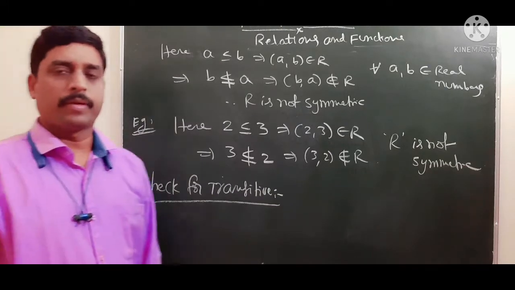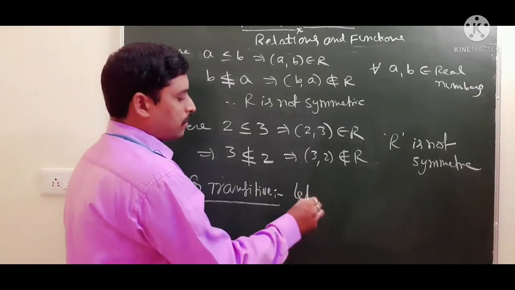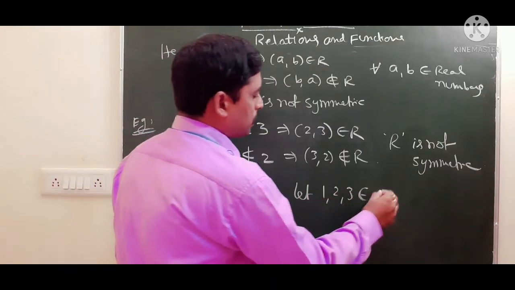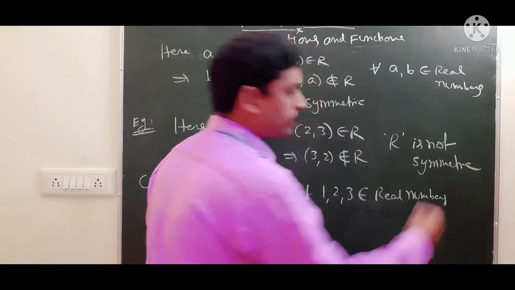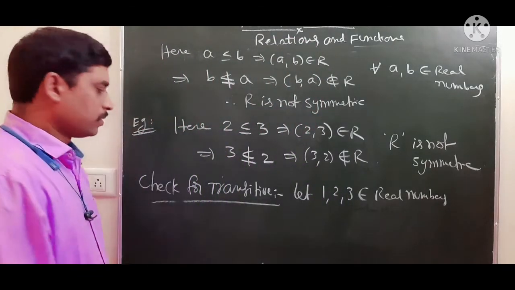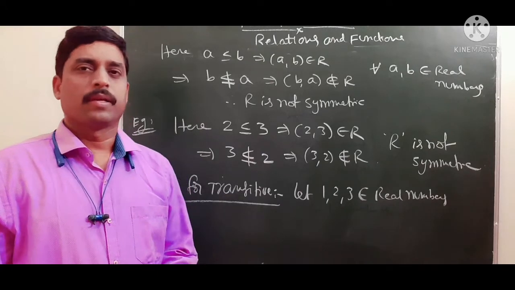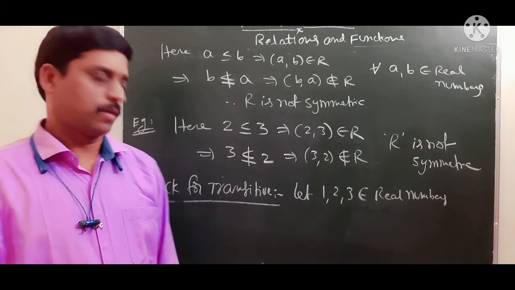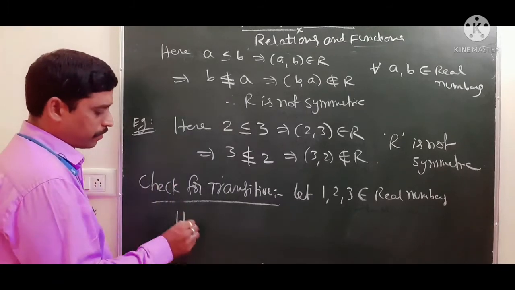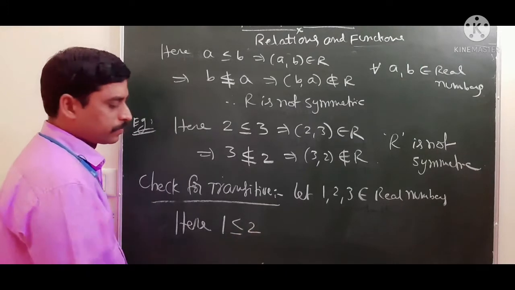What is the transitive property? Let us take three numbers. Let 1, 2, 3 belong to real numbers. So what is the transitive property? If (a, b) belongs to R and (b, c) belongs to R, that implies (a, c) also belongs to R. Here 1 less than or equal to 2.